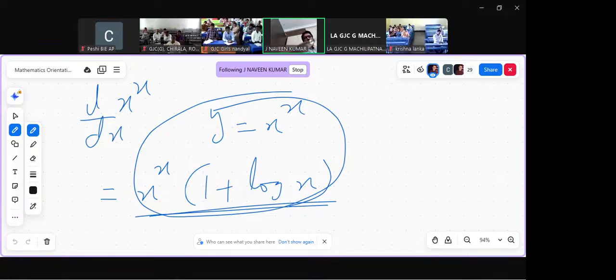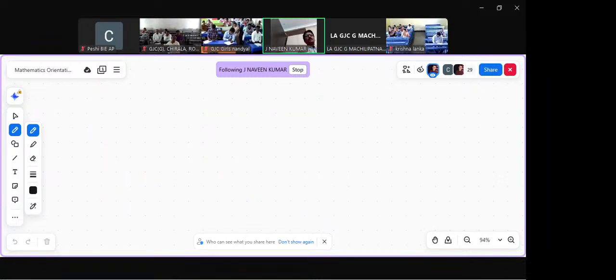Now I am going to teach the same in a distinct way. If the student understands this shortcut perfectly, then they can answer the 7 marks essay question in a single step. So d by dx of x to the power of x.